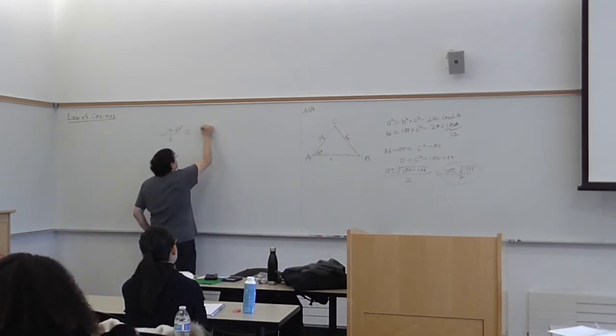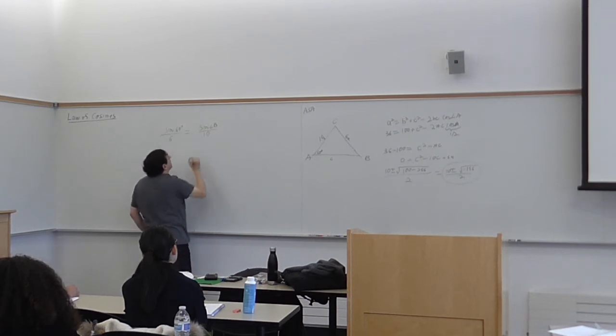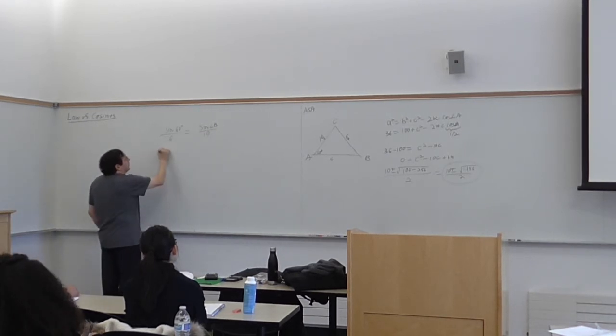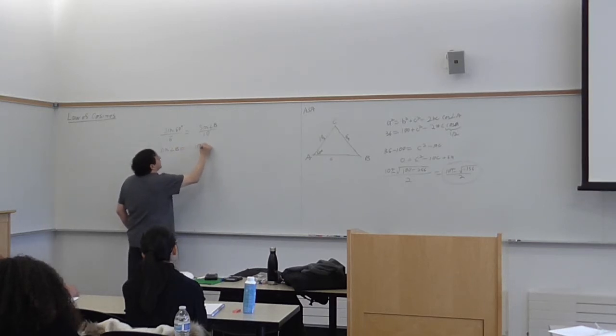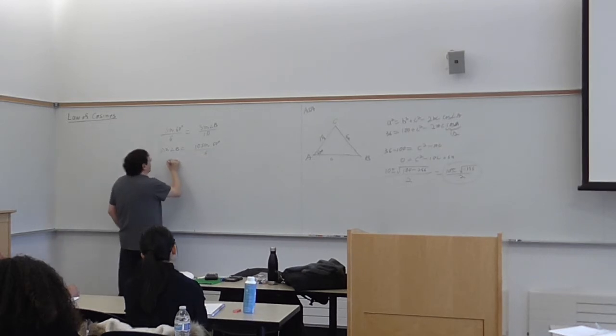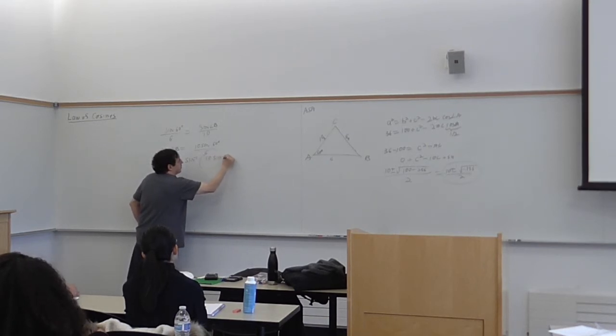Sine of angle B over 10. So we have sine of angle B equals 10 sine of 60 degrees over 6, or B equals the inverse sine of 10 sine of 60 degrees over 6.